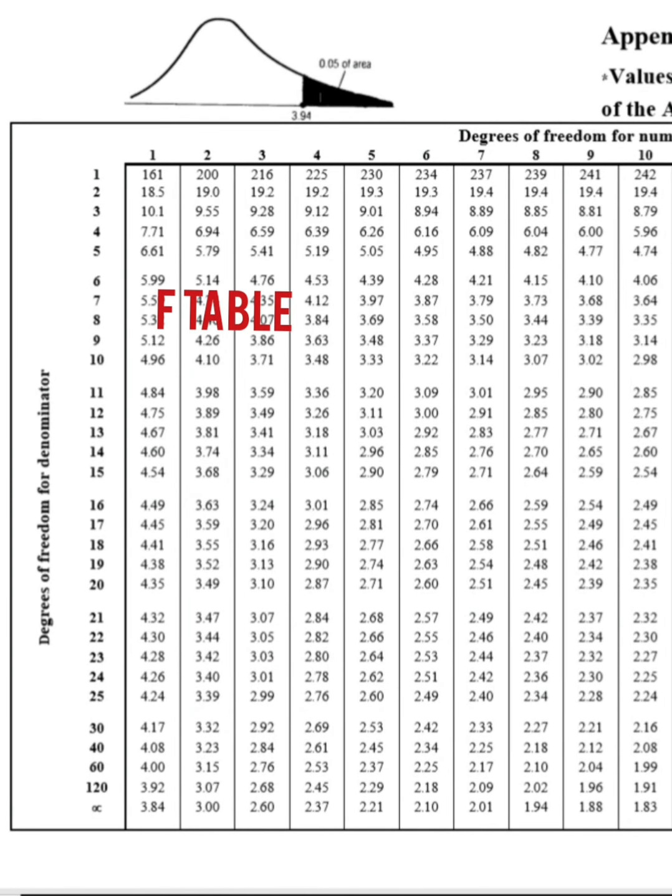So you go to the F table. This table is for alpha 0.05. The rejection region is on the right. F values are always positive, never negative. Column 2, degrees of freedom for numerator, row 17.